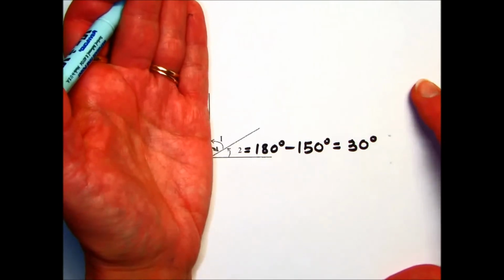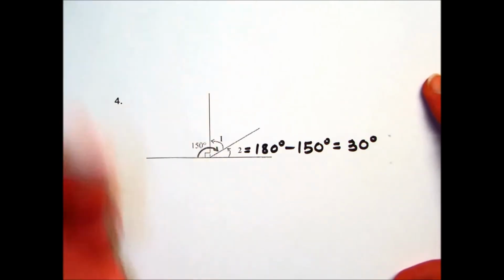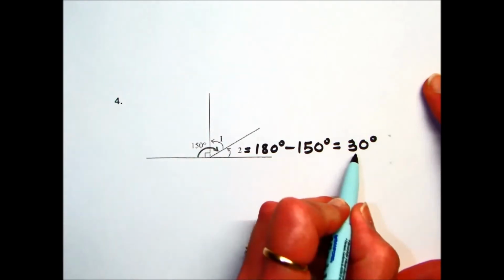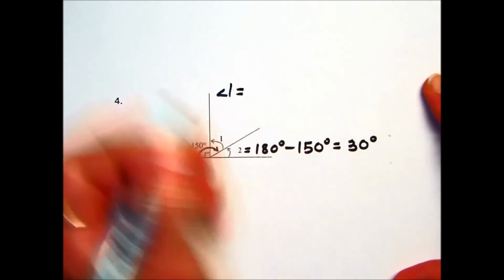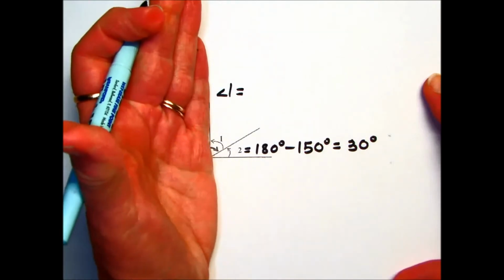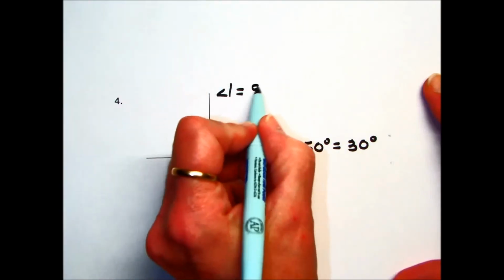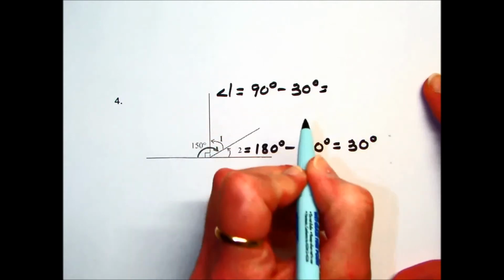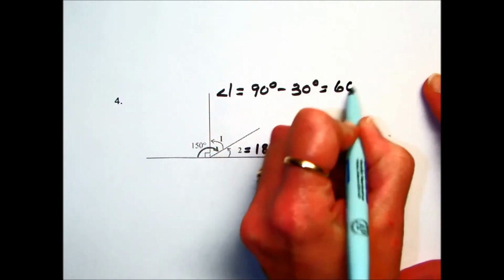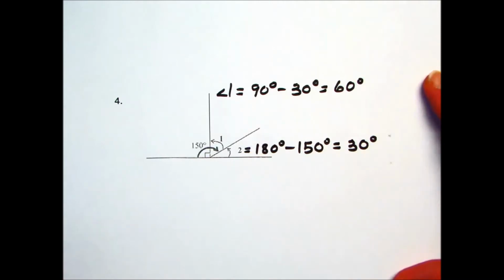That means that they are complementary. Since we have the 30 degrees, we can find the measure of angle 1, the other part that's going to give us the 90 degrees, and subtract to come up with the measure of angle 1. In other words, it has a measure of 60 degrees.